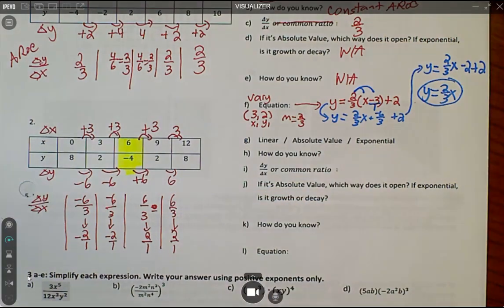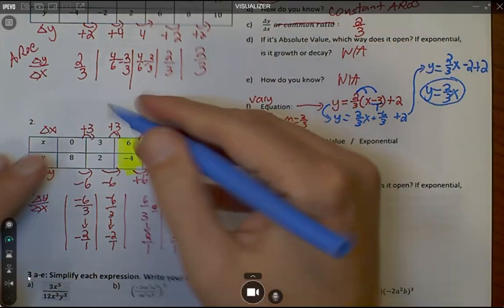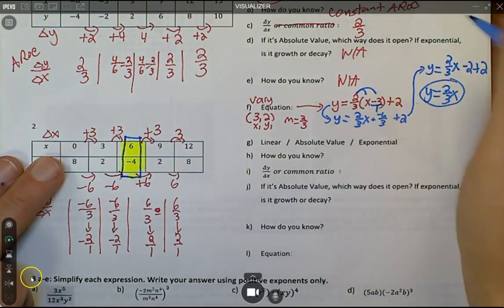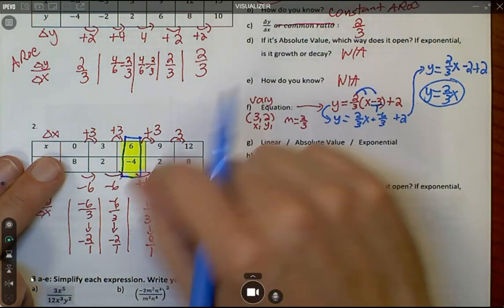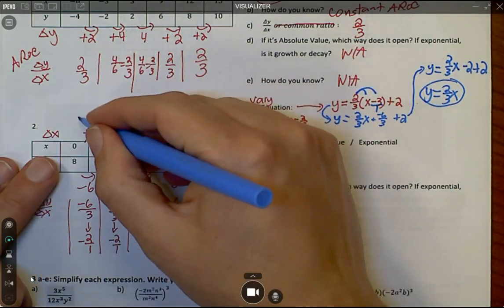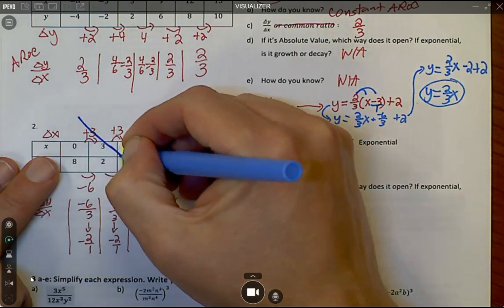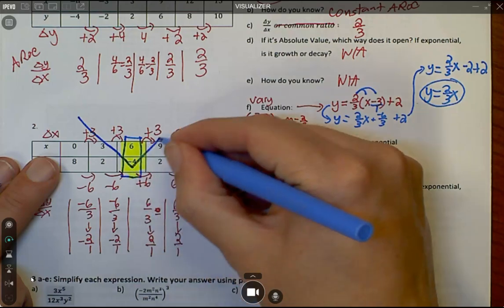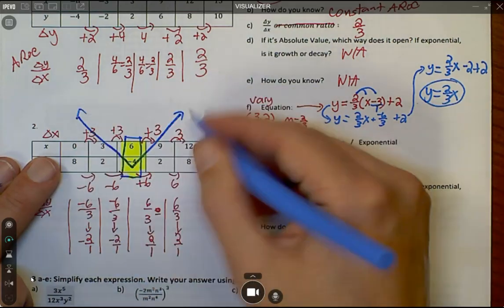Okay, so that means the vertex happened right here. So the y's are going down as the x's are going up. So there is the vertex point, and then it opens up.